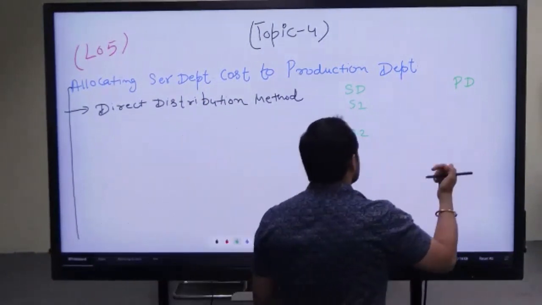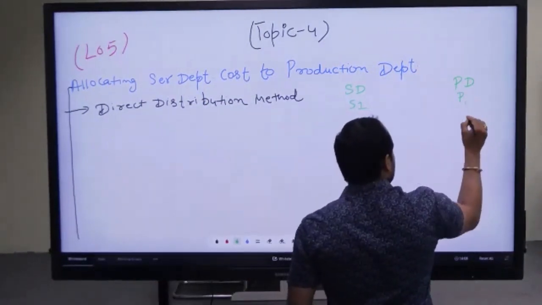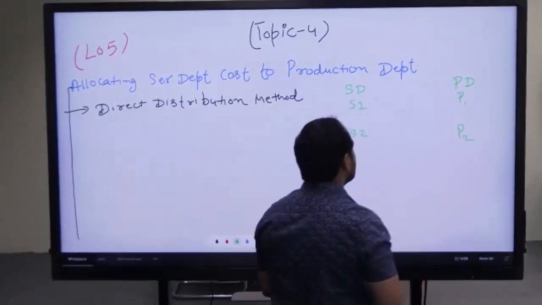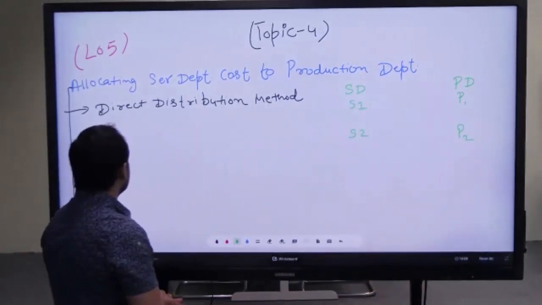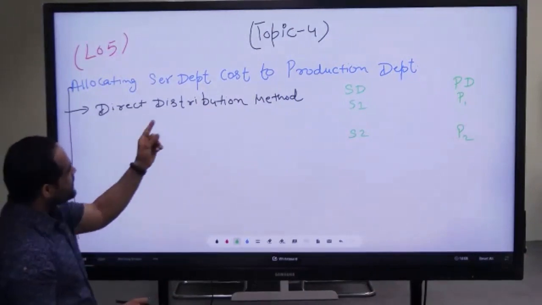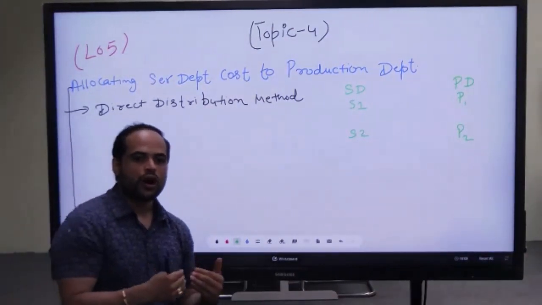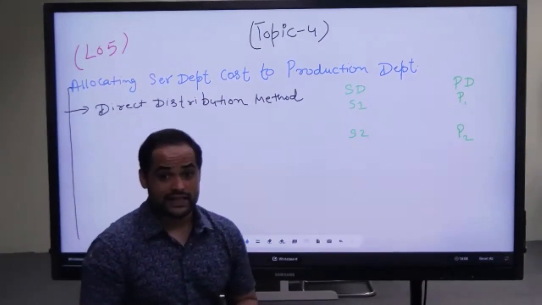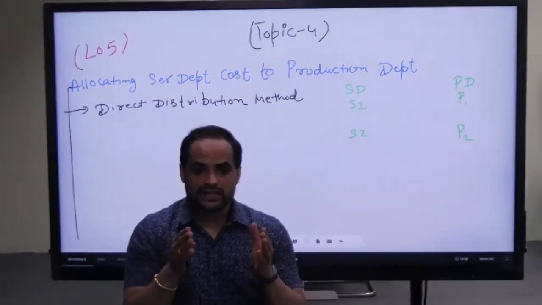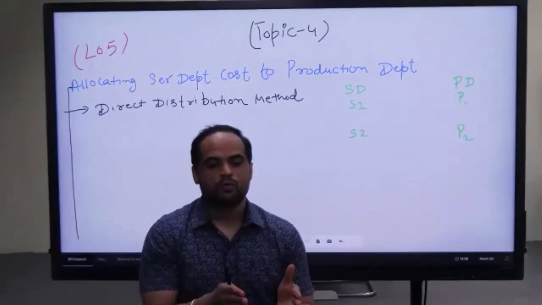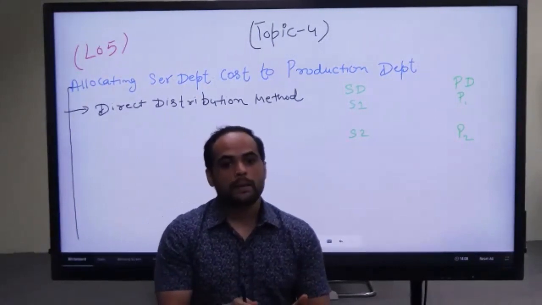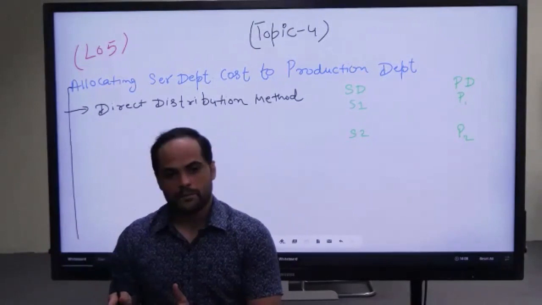So we have 2 production departments, P1 and P2. The condition to apply the direct distribution method is when a service department is providing service to the production department.